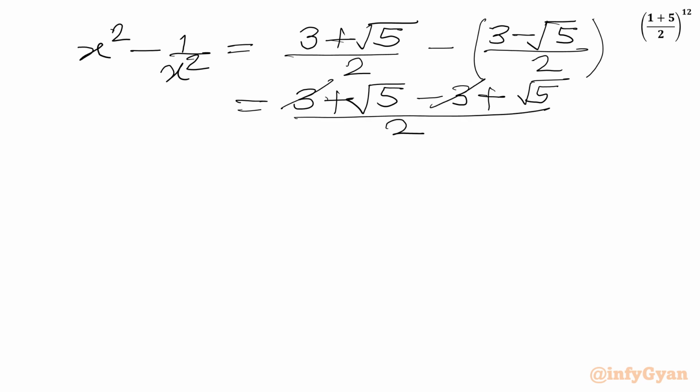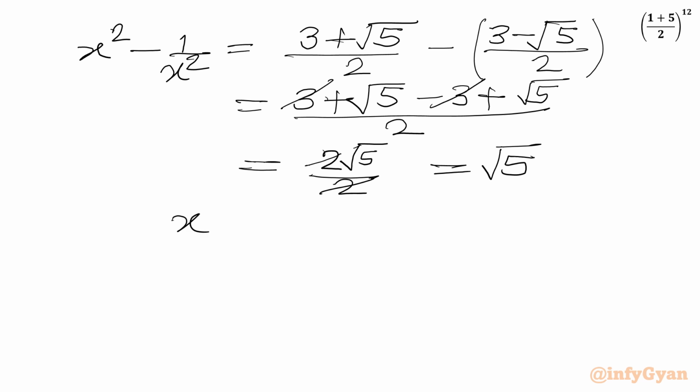Plus 3 minus 3 will cancel. We can write 2 square root 5 over 2, which will be equal to square root 5, once we cancel 2 from numerator and denominator. So x square minus 1 over x square equals square root 5.